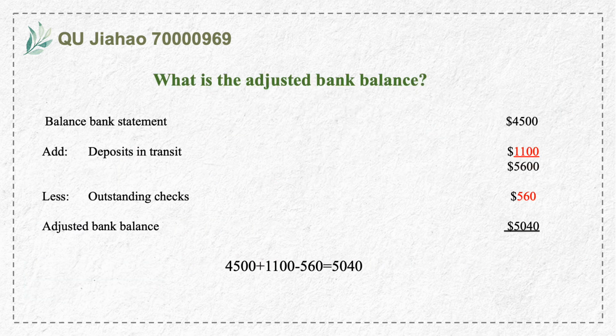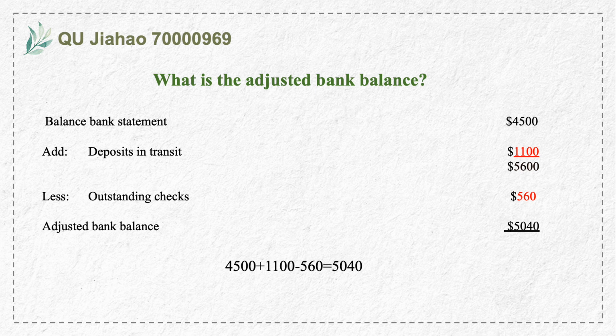If we want to solve this question, the first thing we should know is the deposits recorded by the business, but not by the bank, for example, deposit in transit. And the second thing is we should know the charges recorded by the business, but not by the bank, of course, outstanding checks.